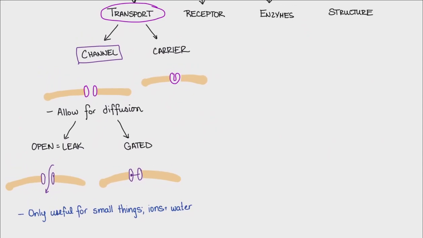All right, now let's take a look at our carrier proteins. Carrier proteins can be useful for both diffusion and creating a concentration gradient.